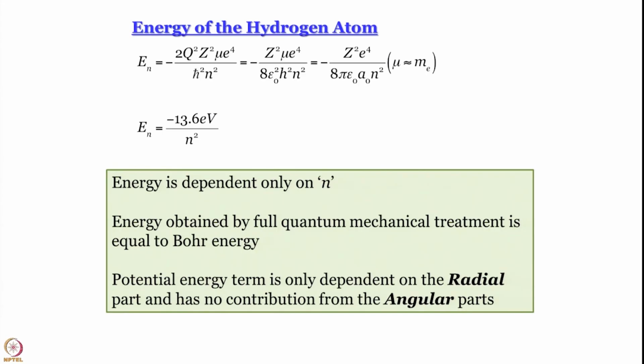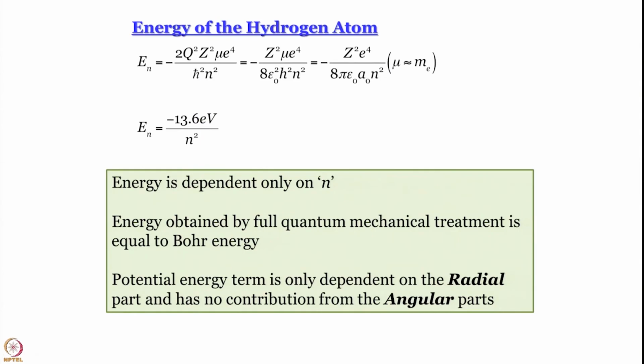However, when we have more than 1 electron in an atom, L is going to have a role to play. We will talk about it when the time comes, but for now let us have no confusion about this: different L values for the same n value are associated with exactly the same energy, minus 13.6 by n square electron volt, for hydrogen atom and hydrogenic atoms.